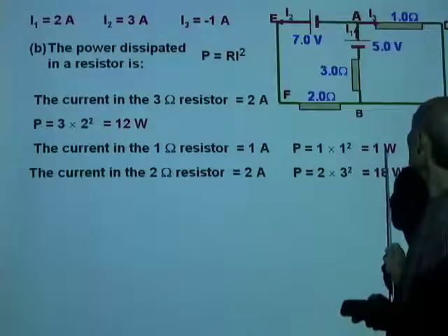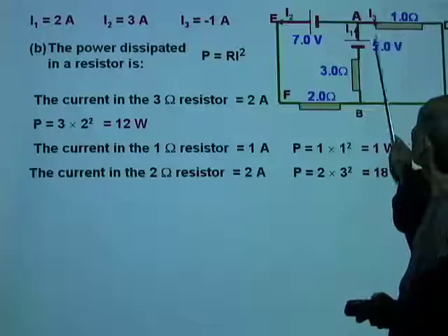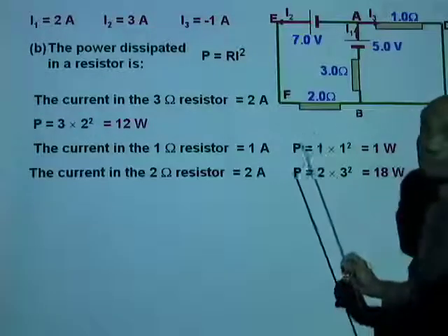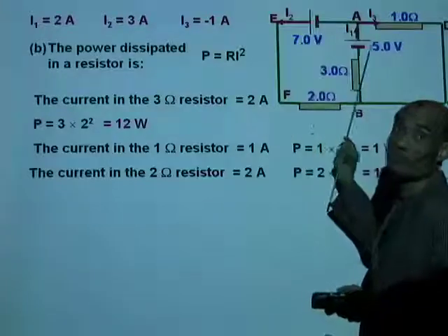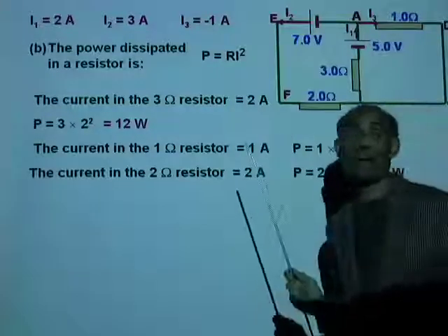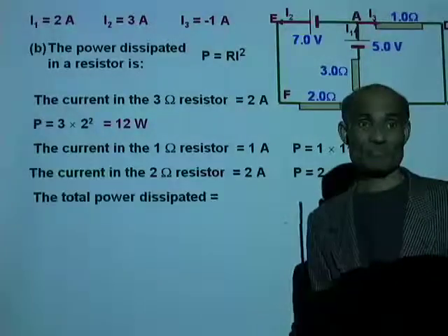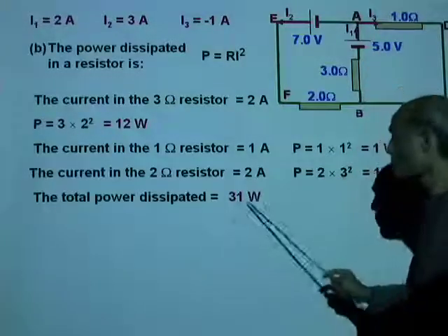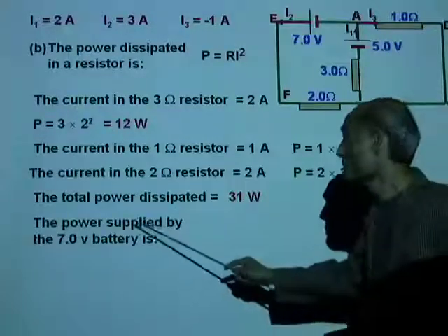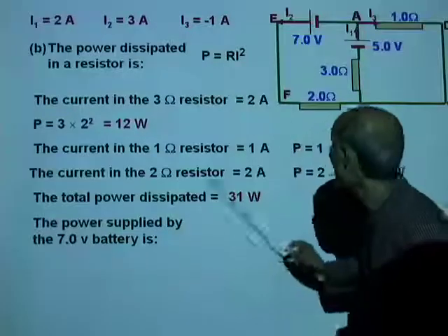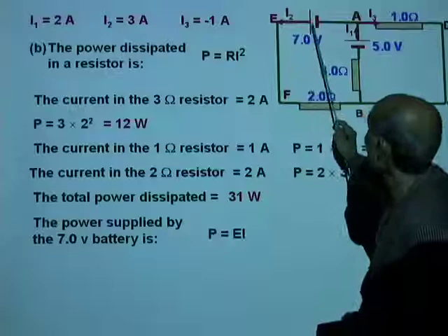And if you add all the power dissipated in these 3 resistors, that must be equal to the power supplied by the batteries. And the power supplied by a battery is E times I. So the total power dissipated is 31 watt. The power supplied by the 7-volt battery is 7 times I2.